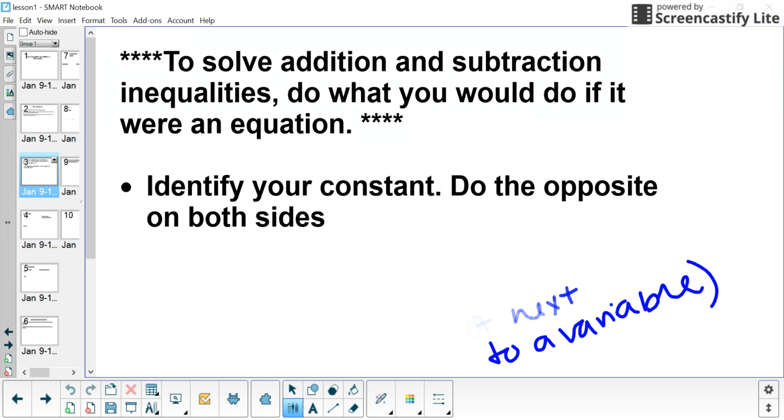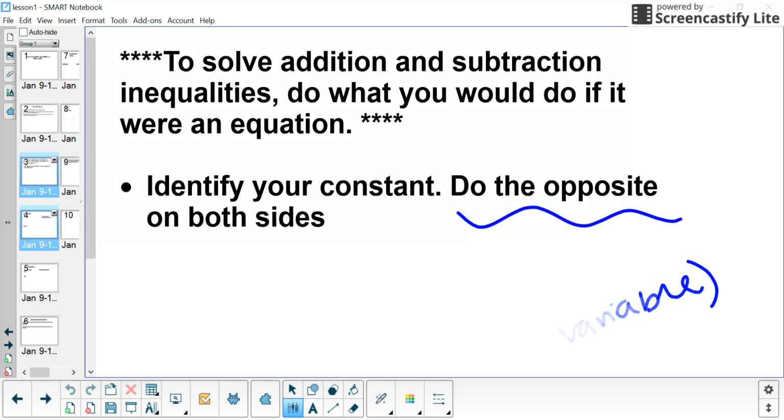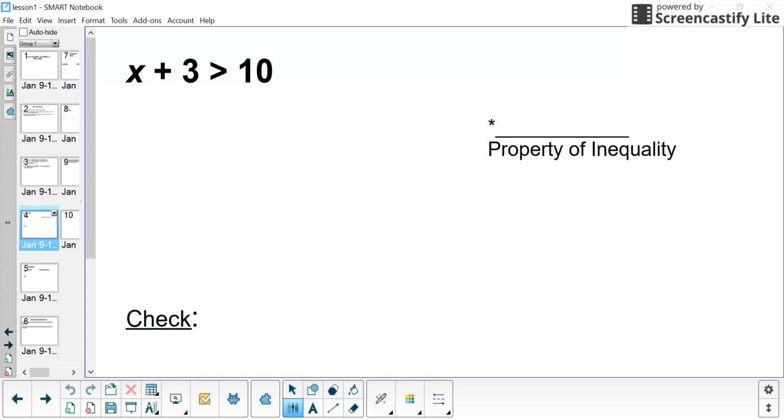And whatever the constant is, you want to do the opposite. An example of that here: we have x plus 3 is greater than 10. You need to figure out what value of x you can plug into this inequality in order for the value on this side to be greater than the value on this side.